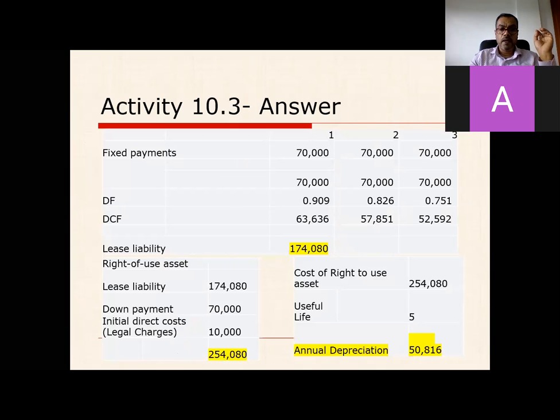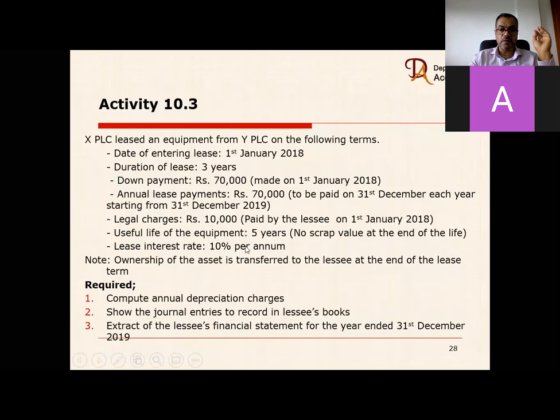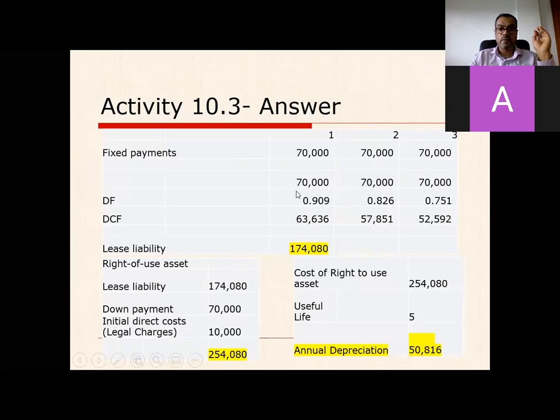The first, lease liability. That is the normal present value calculation. Use the discount factor at 10%. Therefore, it becomes 174,000. Then the right of use asset, take the exact amount here, 170,000. Down payment of 70,000 is there. Additional initial cost.